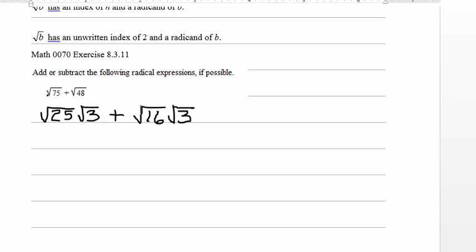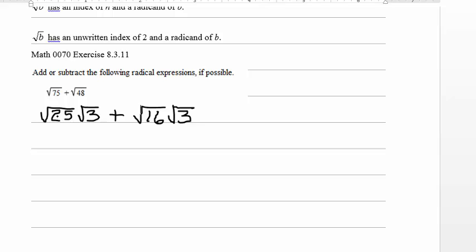So we want to rewrite each radical, if possible, as the square root of the largest perfect square that divides evenly into the radicand times the square root of some imperfect square that multiplies times the largest perfect square factor to give my original radicand.